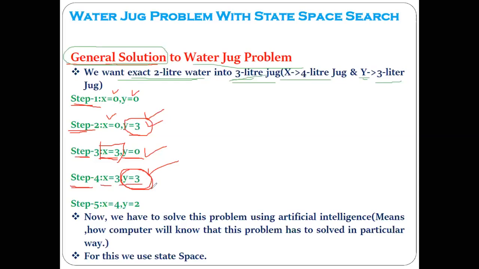Got the point? Yes, sir. And then what will we do in the last step? We'll try to fill the water from the second jug into the first jug until the first jug gets filled completely. Then what will the result be? The result will be this, yes or no?